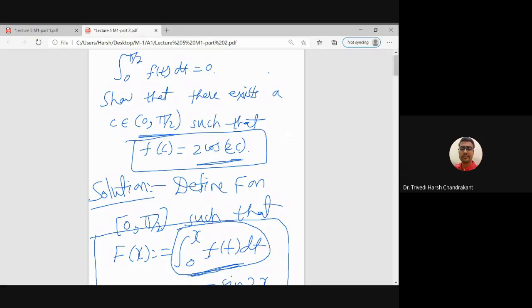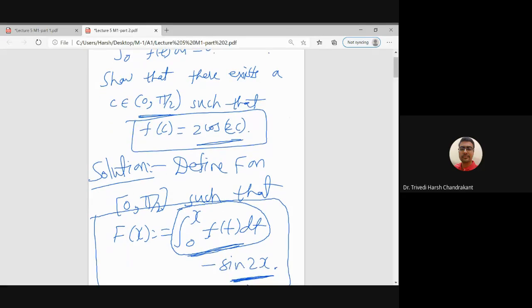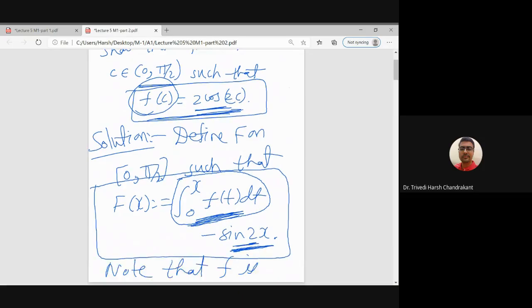So since we need to find the point c between 0 and pi by 2, we guessed that we need to apply the mean value theorem, and since we need this particular equation, and this is the derivative of the integration 0 to x f(t) dt, we have taken the integration of this function basically as the auxiliary function.